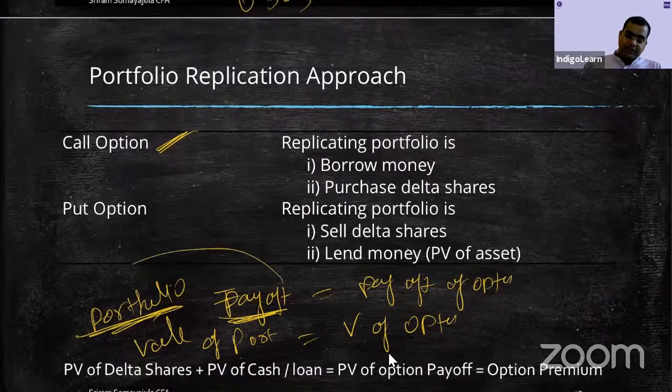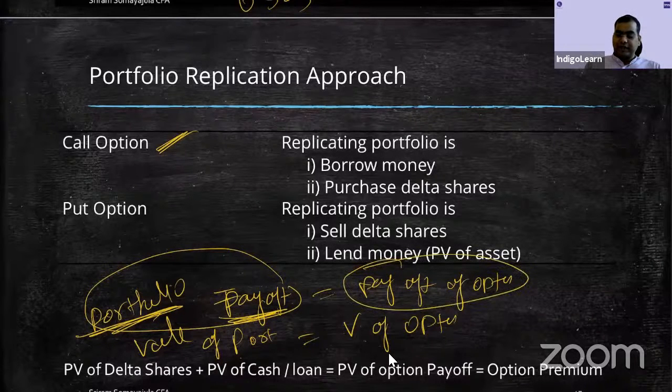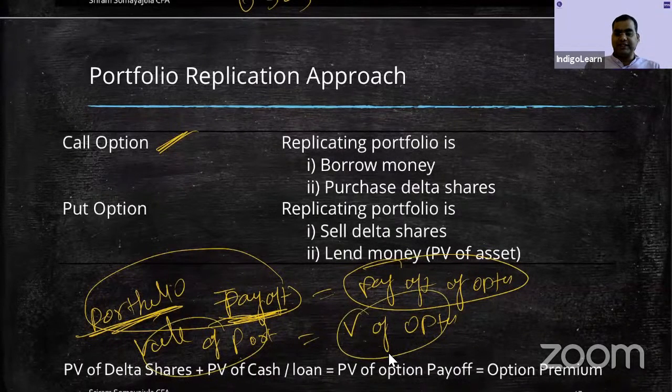You create a portfolio in such a manner that its payoff is exactly the payoff of an option. Then the value of the portfolio is the value of the option. So this is the underlying principle.